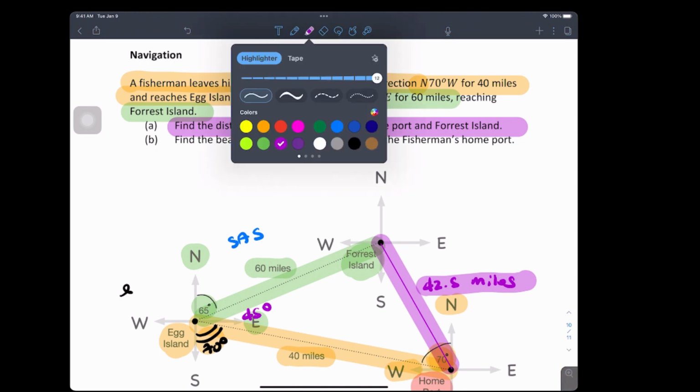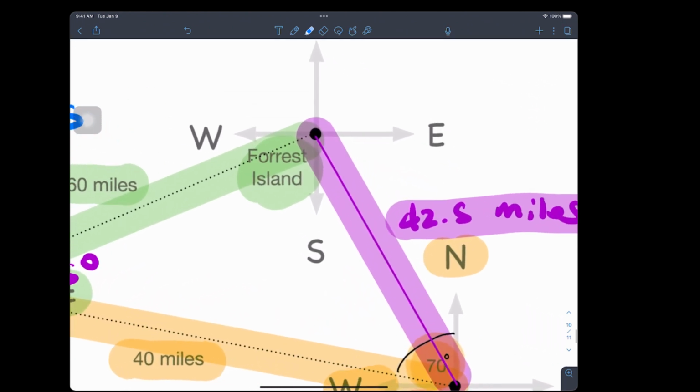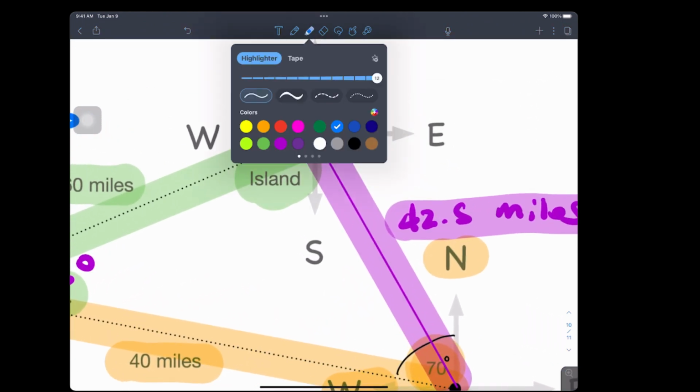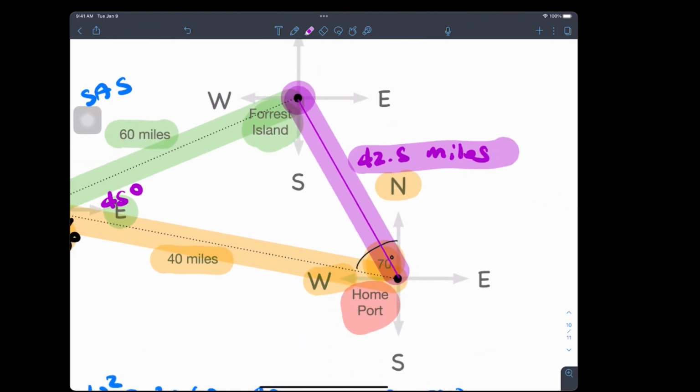What are they saying now? I'm going to keep that in blue. Find the bearing from Forest Island back to Fisherman's Homeport. So what they're saying to you is, how do you get back home? So if you are here at Forest Island and you're trying to navigate to get back home to the home port, how do you get back home, ladies and gentlemen?